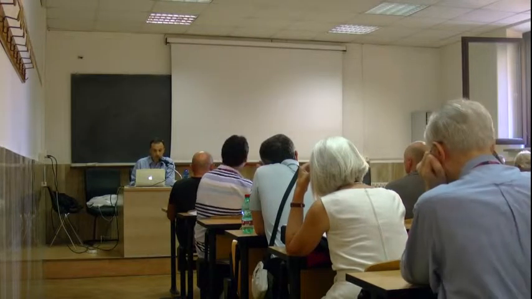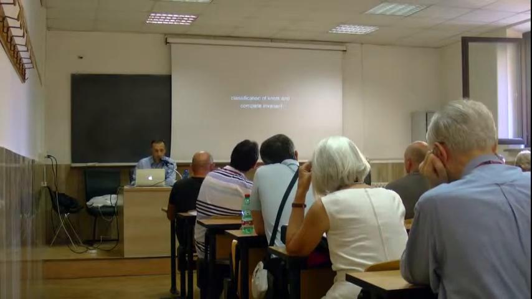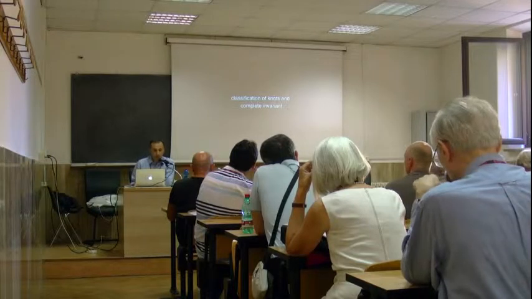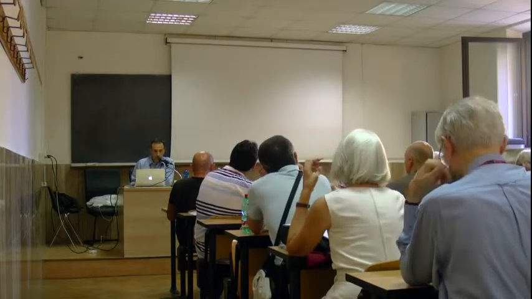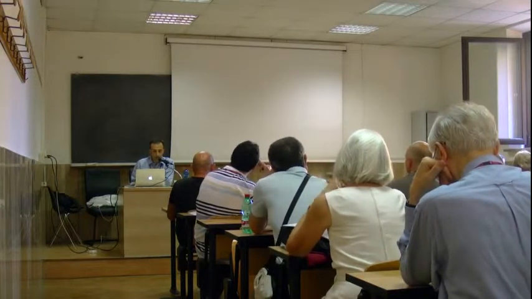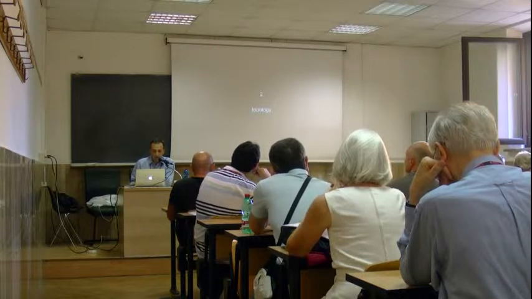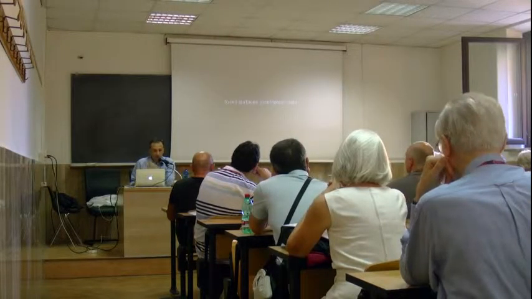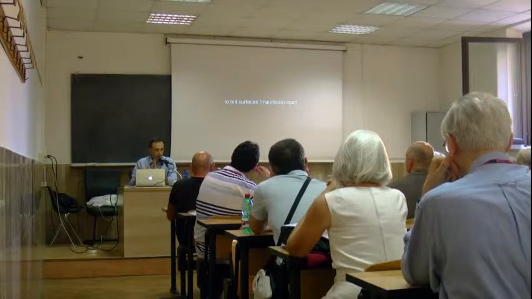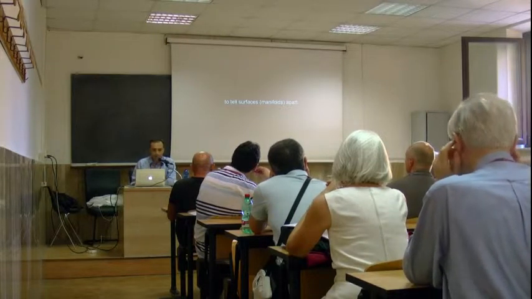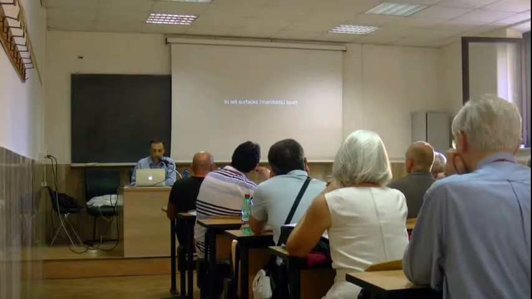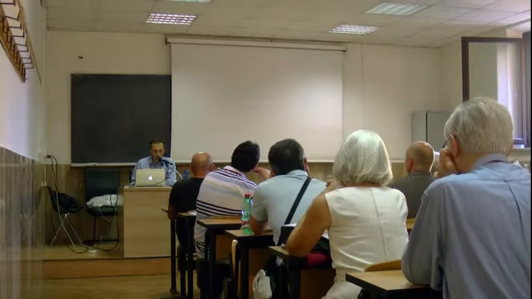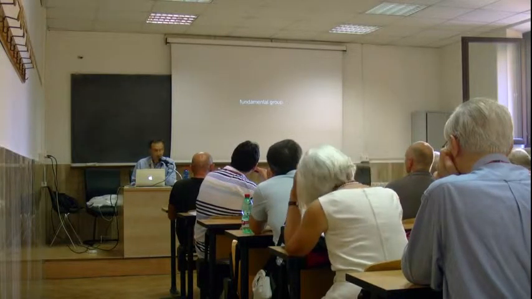That means the search for a classification of knots and a complete invariant. And the second problem is in topology. The problem here is to find a way to tell surfaces or manifolds, in a more general way, apart. And I will focus on the construction process of the fundamental group.